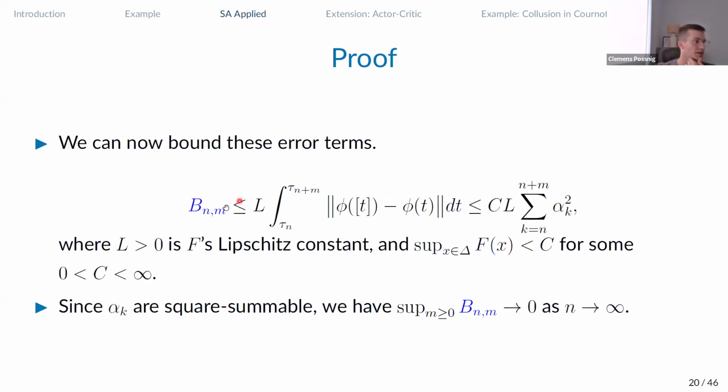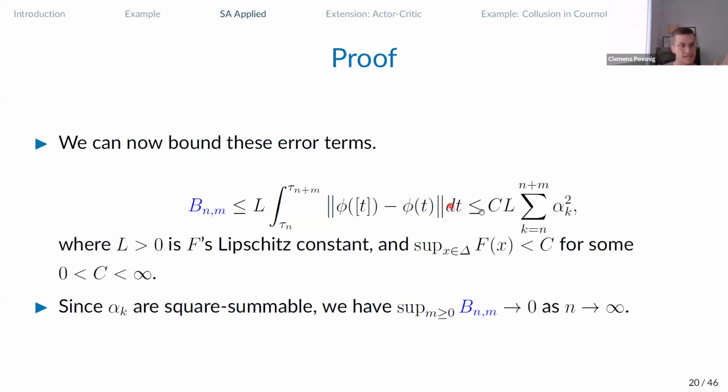So the first bound would be on this deterministic error term. Since our ODE is Lipschitz, you can bound this by just the integral of the difference of these solutions between t and bracket t. And now remember that bracket t changes with the step size of the algorithm, and these step sizes are going to slowly dissipate to 0. So this difference for every t is upper bounded by some constant times the step size.